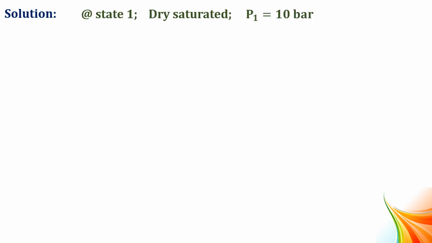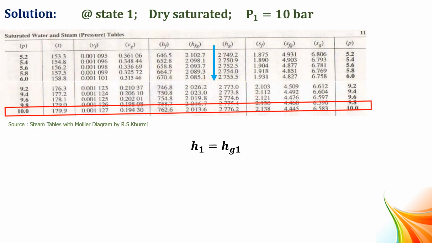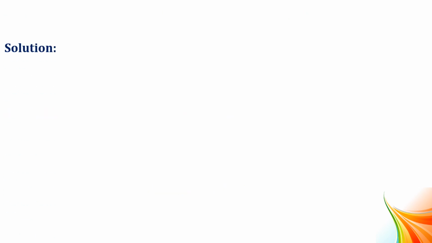Steam table method: from the steam tables we have to take the values for 10 bar pressure. HG is for dry steam, so we can directly take it. Since it is dry steam, H1 equals HG1. Since the dryness fraction equals 1, we can take the HG value directly.